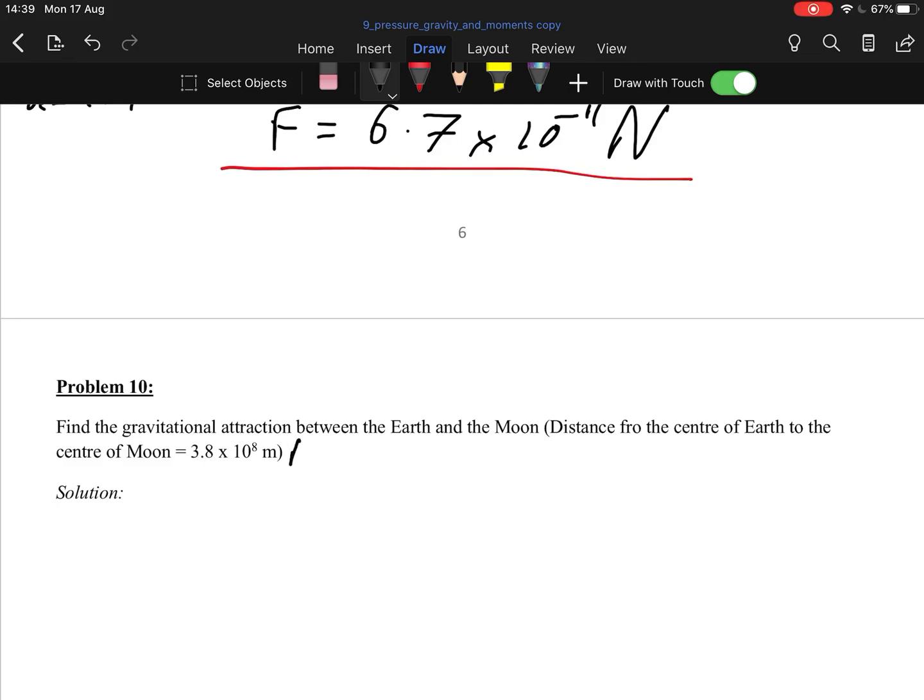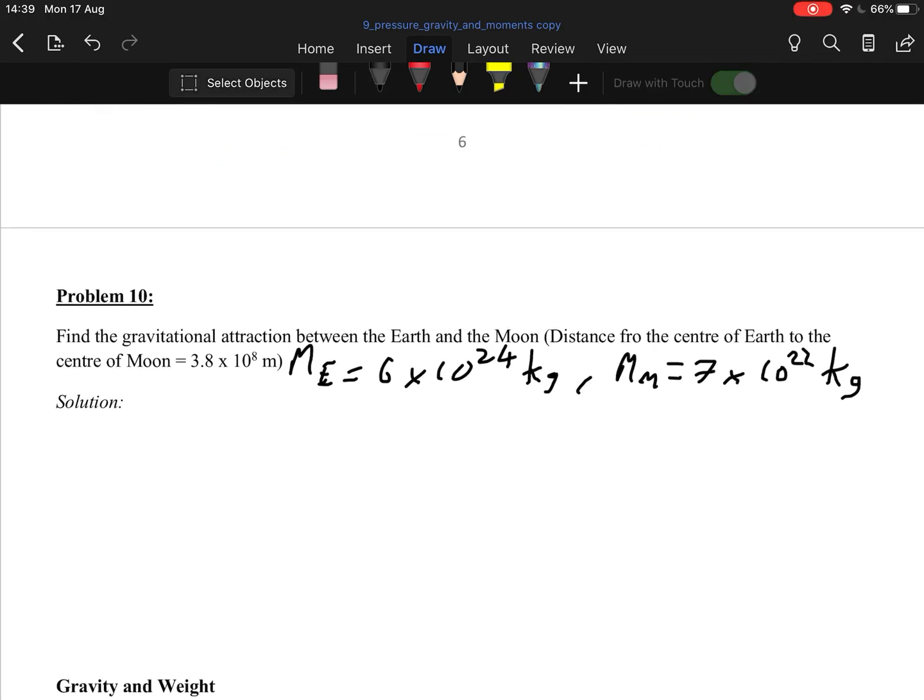So they give us the mass of the Earth, because obviously I couldn't answer this without this information, is 6 by 10 to the 24 kgs. And the mass of the Moon was given to us as 7 by 10 to the 22 kgs. And I think that is it.